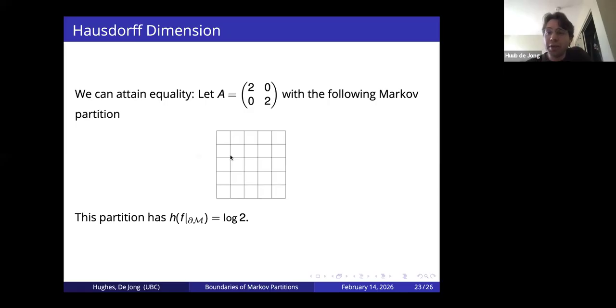I choose 5 here because I need my rectangles to be sufficiently small, and it turns out that side length 1/5 is small enough. You can see that the entropy of F restricted to this is log 2 because it's a finite union of circles, and in that direction we only have doubling. You can also compute E explicitly here, which takes a little bit of work, but it will give you the same answer.